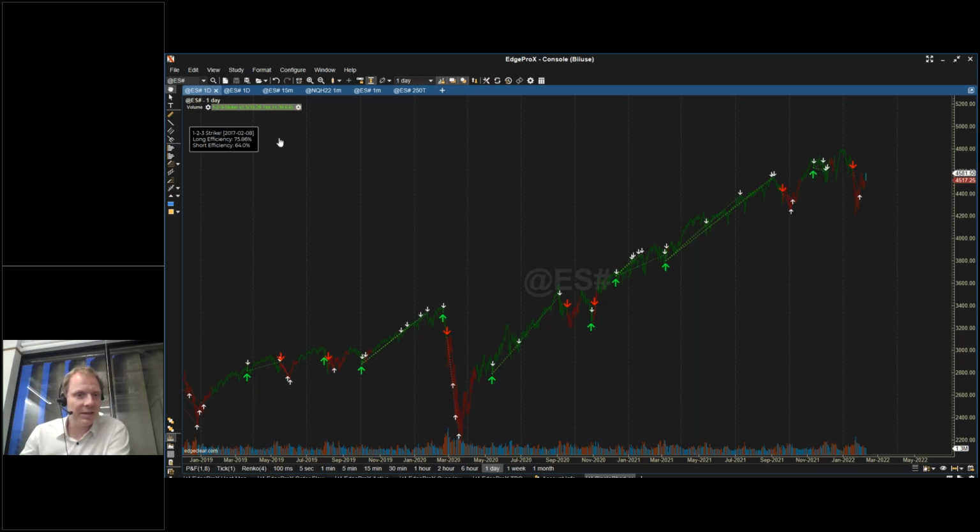So basically what you can see here is that since 2017, the long direction has worked better than the short one, which is not very surprising because the S&P 500 futures have been in a strong bullish uptrend. So naturally, you would expect a higher efficiency rating than the short side. So this is an interesting fact, but you can also see that this indicator seems to be working quite well.